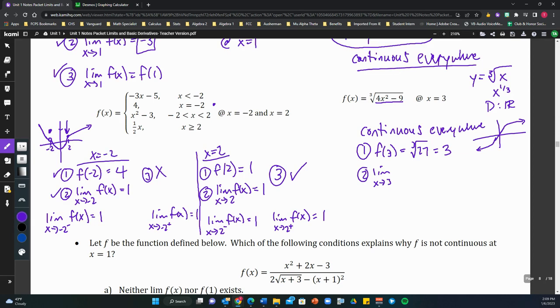Well, again, it's not a piecewise, so the direct substitution method would work here as long as I get an answer, and I know that I would because I just got an answer by substituting 3 into the function, so I know it's 3. Both of these are the same value, so that third condition passes. So we know this function is continuous at x equals 3, and it happens to be continuous everywhere.